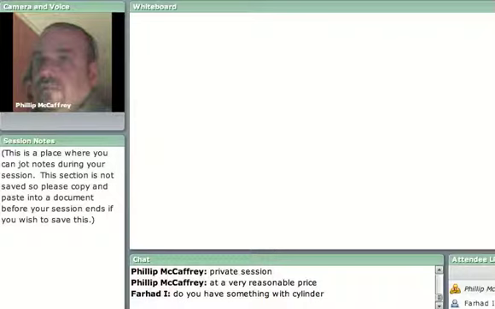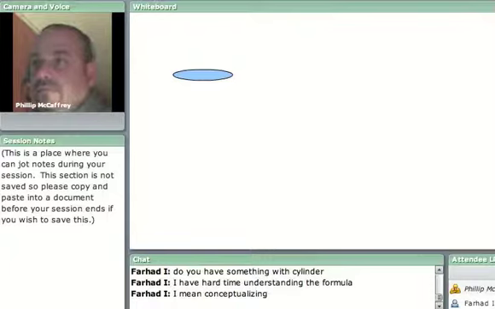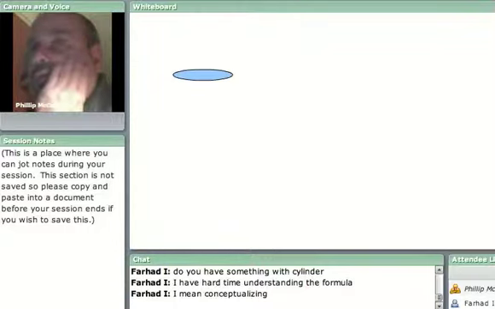Cylinder is typically drawn like this. Conceptualizing. What they typically ask in a cylinder, there's a couple of different things.